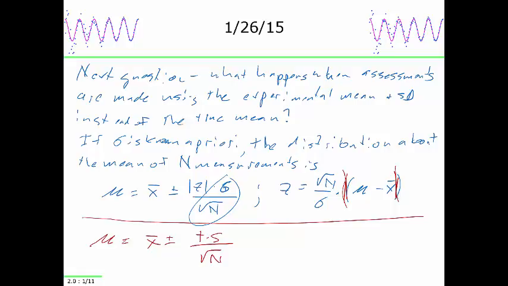So t and z are tied, and sigma and s are tied. And just like I solved for z, you could solve for t, and what you get for t is mu minus x bar, still put the magnitude in there, and then now it's going to be S divided by the square root n. Oh, and it's magnitude.